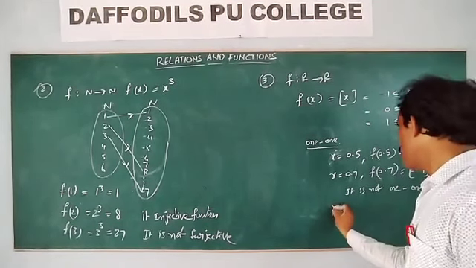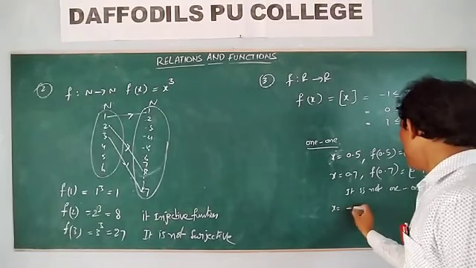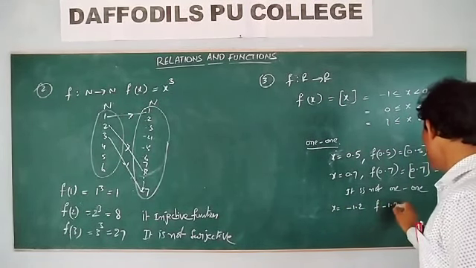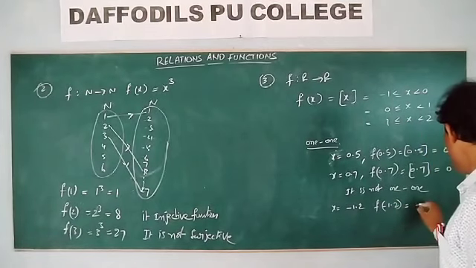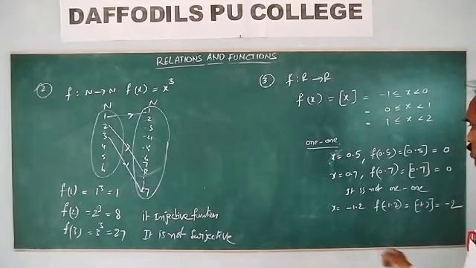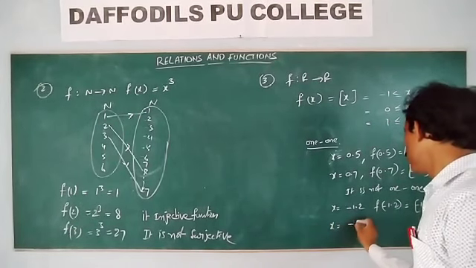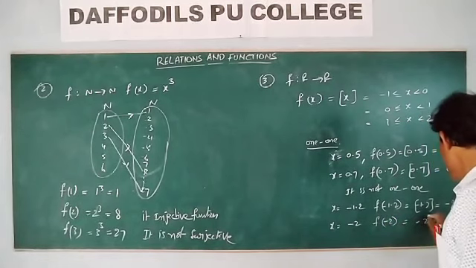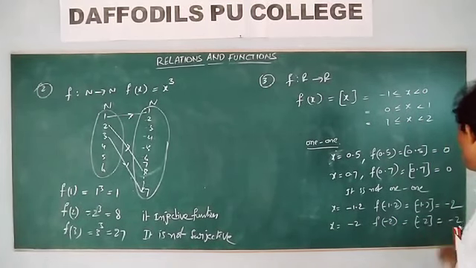One more, take x equal to minus 1.2. So f of minus 1.2 is equal to minus 2. Suppose x is equal to minus 2. F of minus 2 is equal to minus 2.